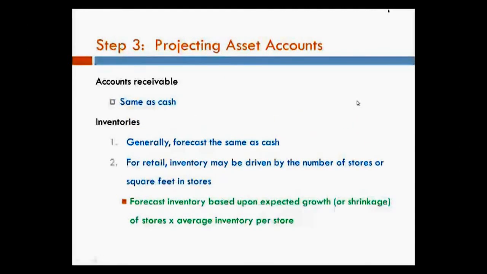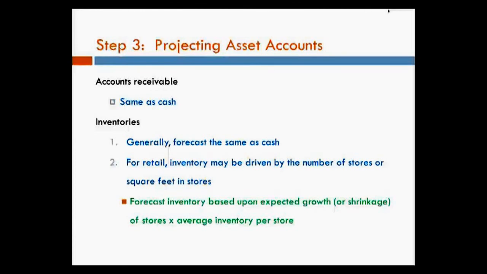Accounts receivable, you do the same as cash. Talked about it. Inventories, two models. Normally you do it the same as cash. However, in some industries, a different independent variable, besides sales, predominates.